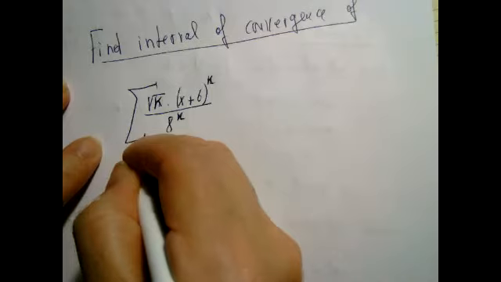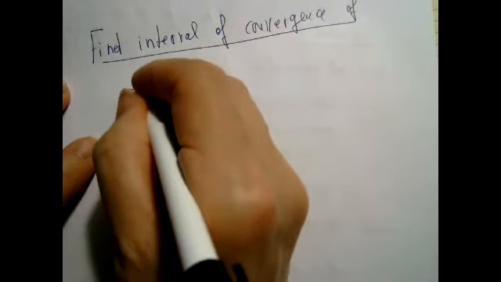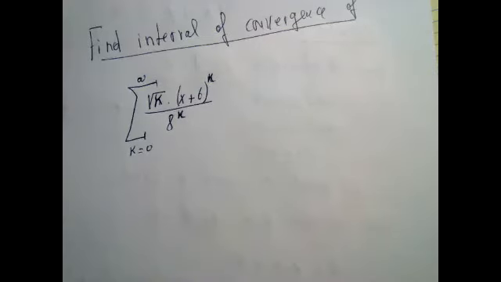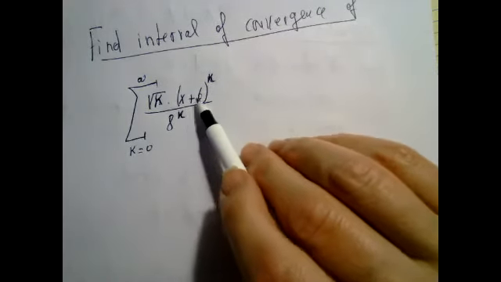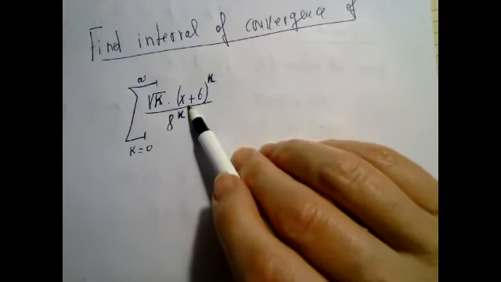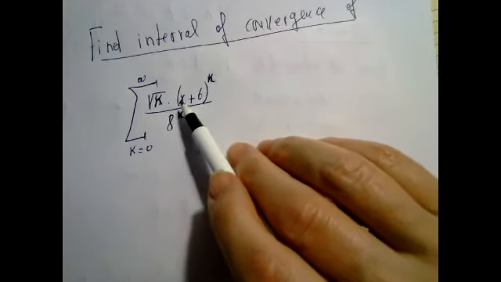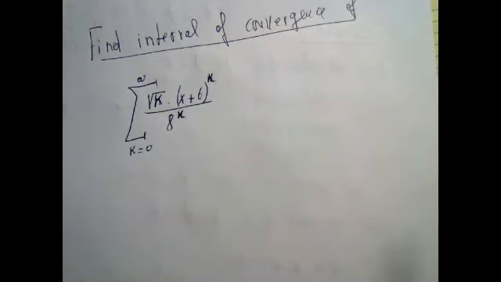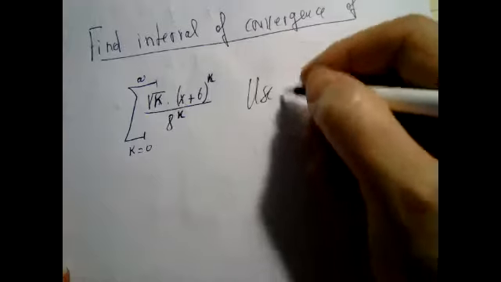And my k, I'm going to let it go from 0 to infinity. So it's a series in x. And again, x could be positive, x could be negative. And my question is, which x's can I allow here that make the series converge? And we're going to use the ratio test.